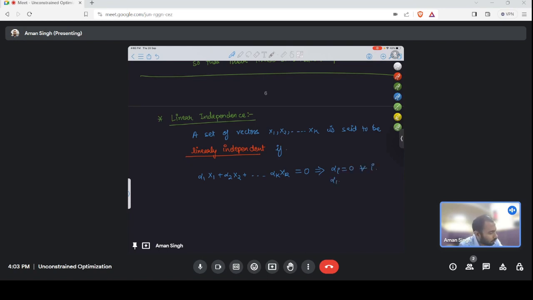That is, alpha 1, alpha 2, alpha k are all 0. So this is the definition of linear independence.